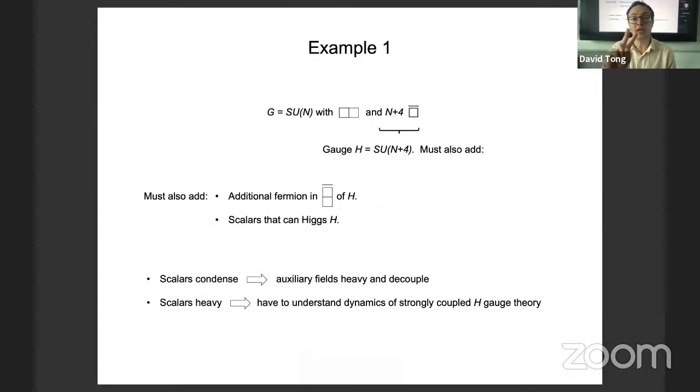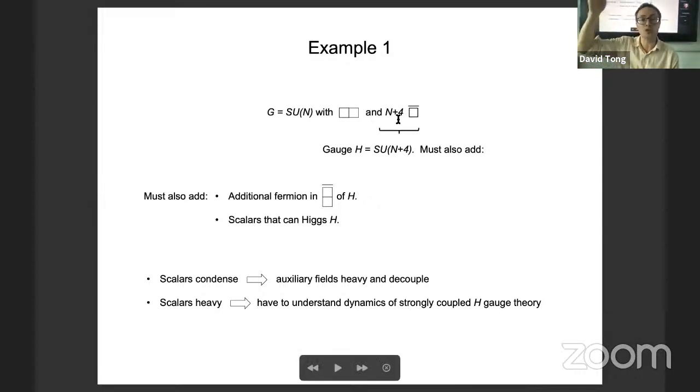Now, there are 2 things I need to do before I can do that. I'm always going to call H this extra gauge group that I add. By the way, all of these boxes are a left-handed Weyl fermion. If I was just to gauge these, H would be anomalous. And I want to gauge H, so I can't allow it to be anomalous.